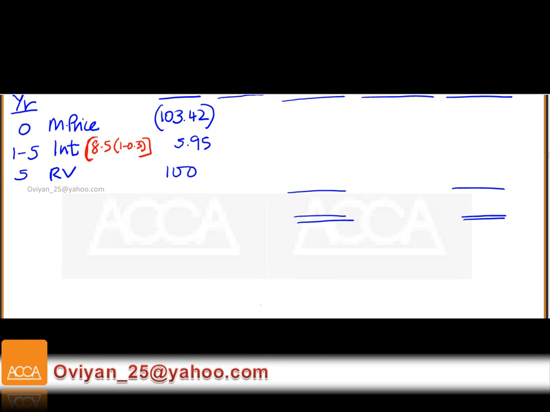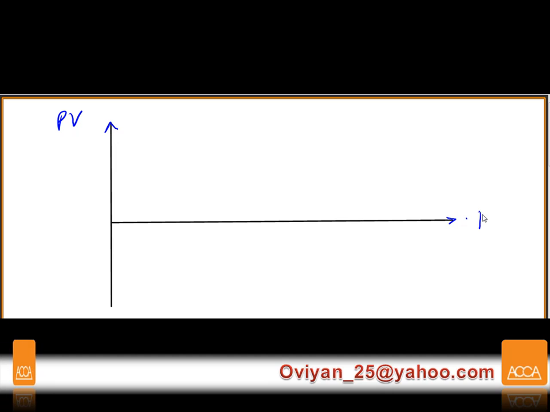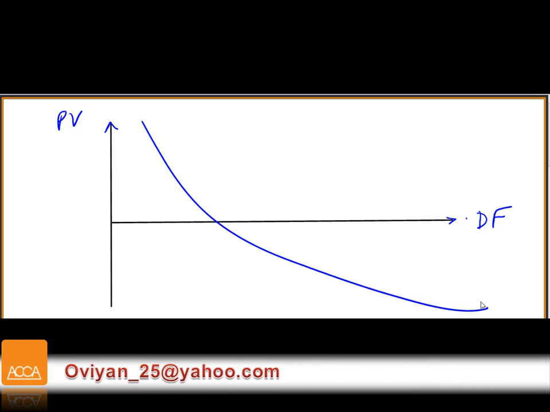Now you have to understand how the cost of debt is related. If you notice the present value and the cost of debt, or the discounting factor, it's always a slope downwards.